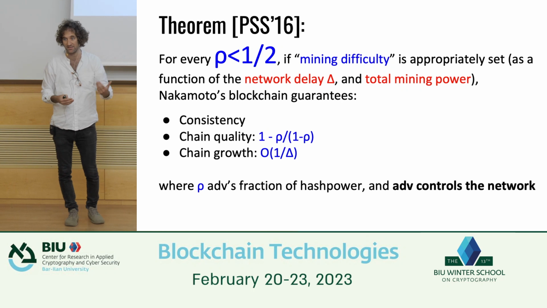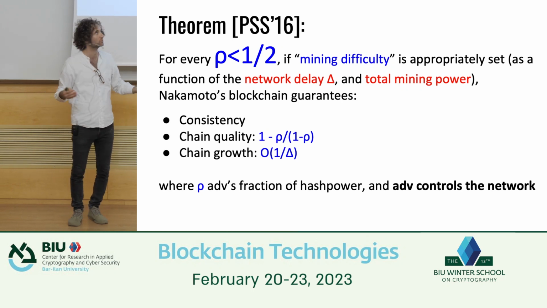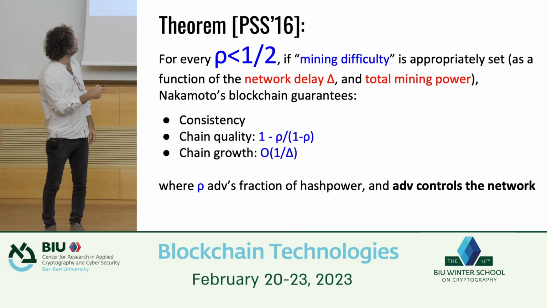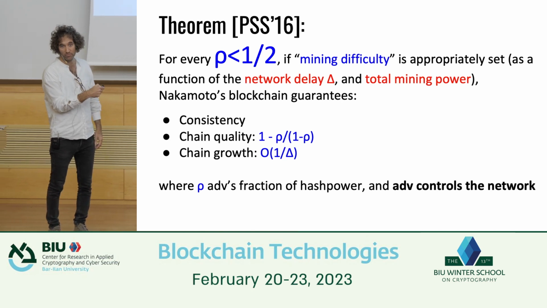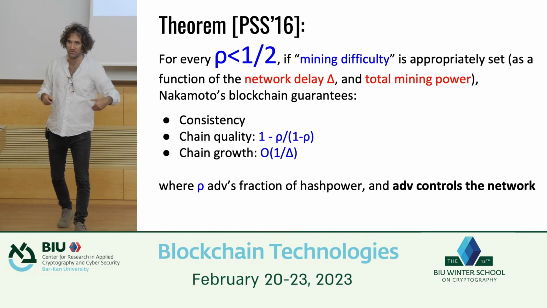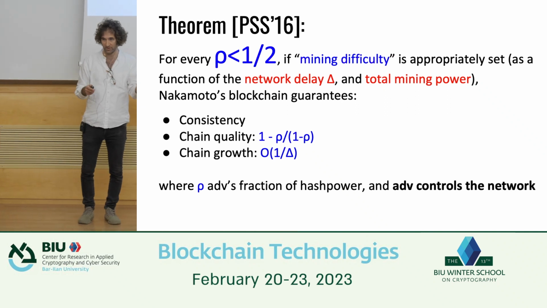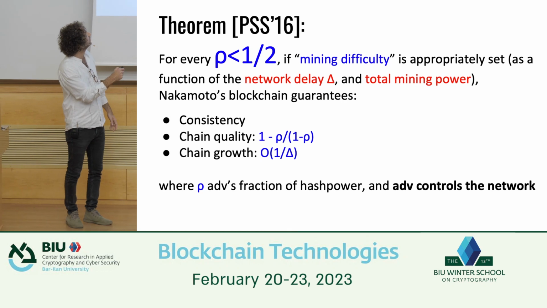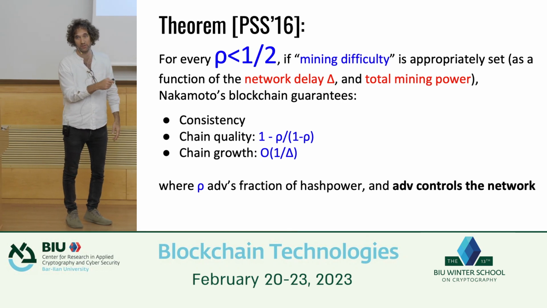If the attacker has less than 50% of the computational power in the world, or that's being invested, then if you set the mining difficulty appropriately, the protocol will be secure. So it all depends on setting the mining difficulty correctly, and this needs to be set as a function of the network delay and the total mining power.